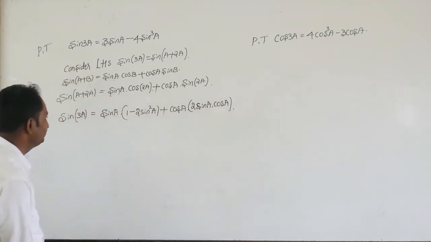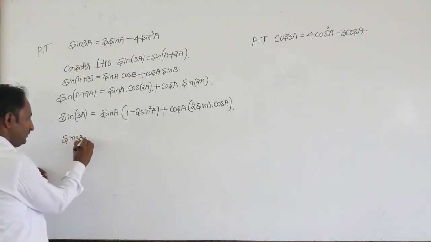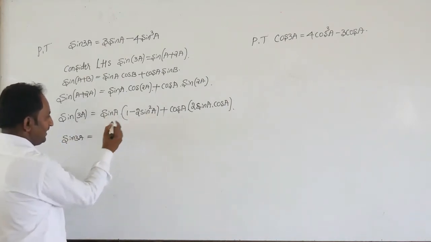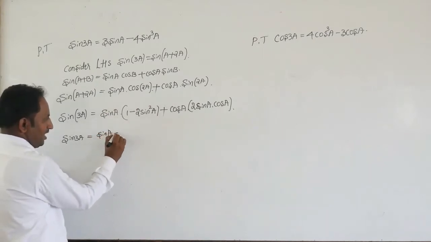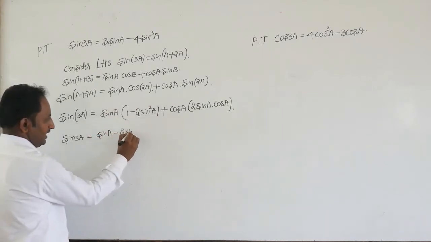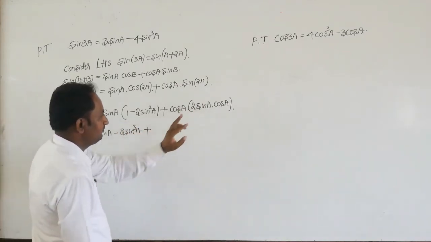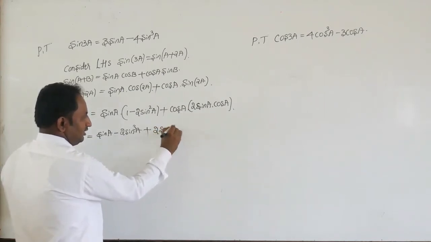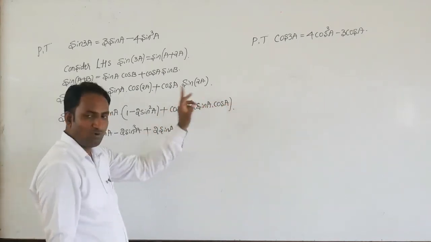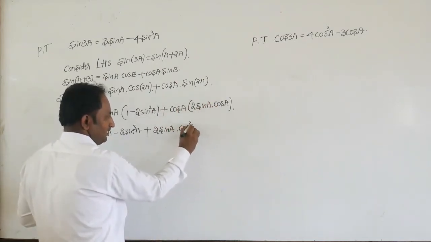Here sin of 3a is equal to sin a minus 2 sin cube a plus here 2 sin a into cos a into cos a, and cos a into cos a value is cos square a.